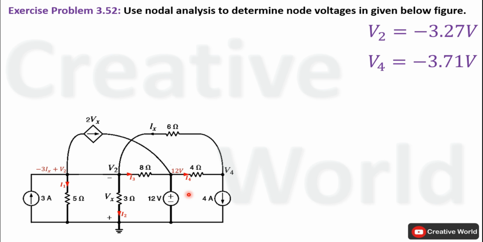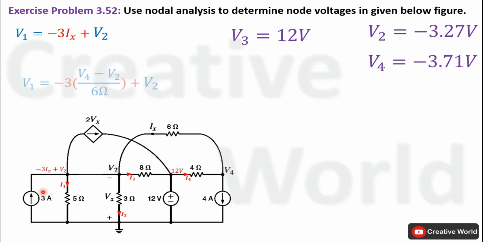So we have calculated two node voltages V2 and V4. Value of voltage V3 is already given in this scenario in the form of a voltage source. Now we have to calculate the value of voltage V1. V1 is equal to minus 3 times Ix plus V2. In this equation we have to replace Ix with its equation, that is equal to V4 minus V2 divided by 6 ohm. Now we have to replace all these node voltage values which we already know.